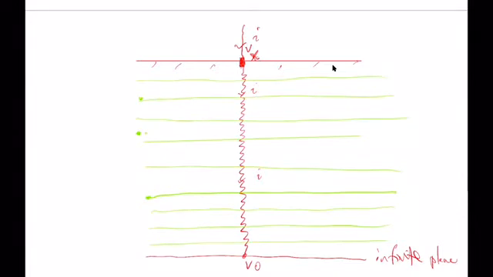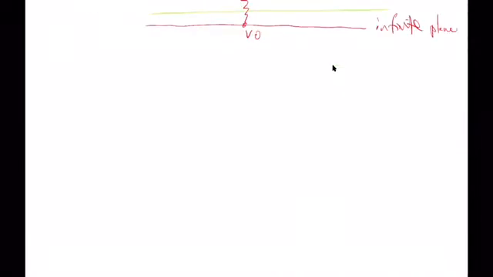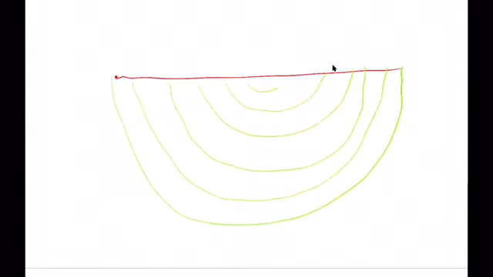Because we consider the equivalent, rather than infinite towards the left and right, it's actually more accurately represented by this structure, a hemisphere like this. So the voltage profile will be like this. The maximum is here again, and the minimum is here, V0. Vx, V0.